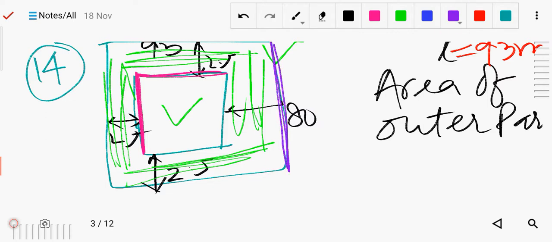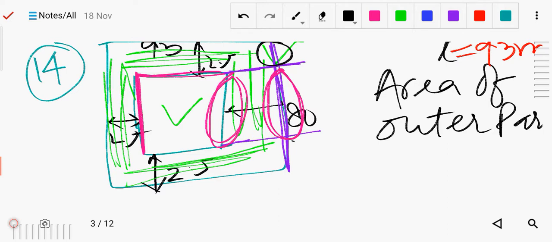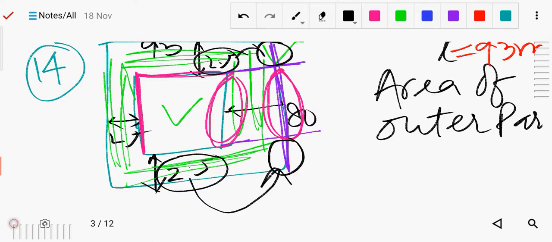But this portion is cut from here and from here, and the value of each portion is 2.5. So we are subtracting 2.5 here, and 2.5 there, which means 2 times 2.5 we are subtracting.